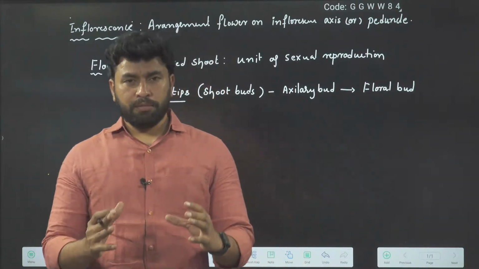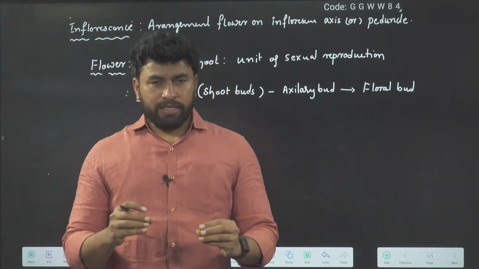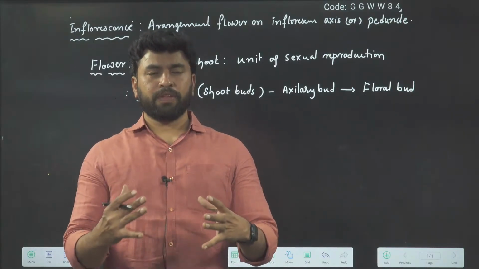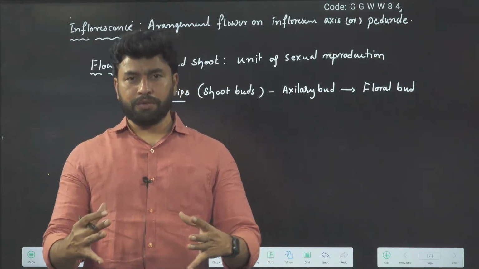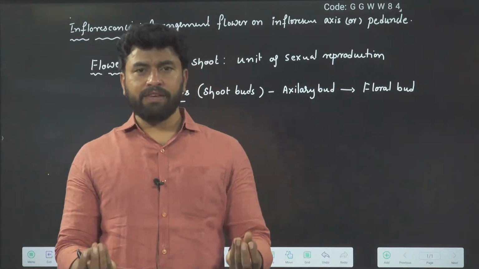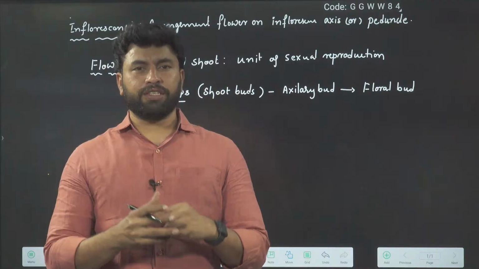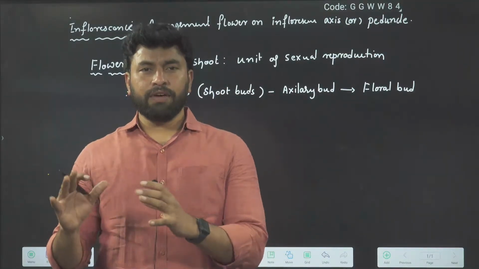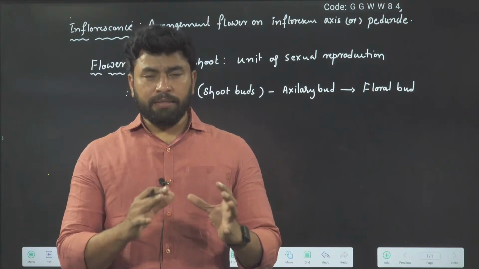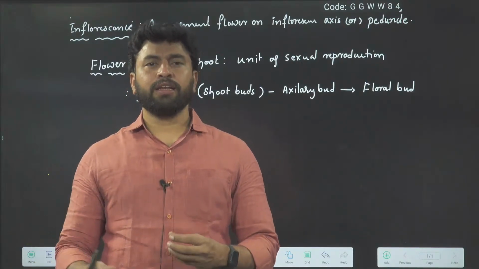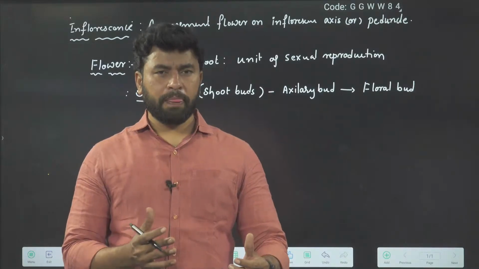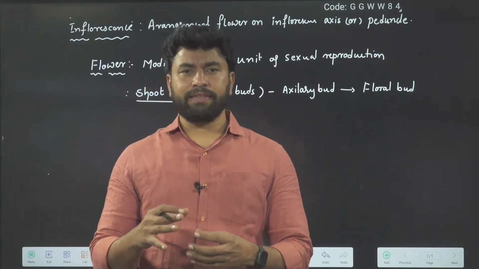Okay? Remember, if we sow a seed, first it will show vegetative growth. After a certain period of vegetative growth, the plant decides, based on external as well as internal modifications, this is the time for flowering. When a plant decides the time is there for flowering, then its buds, it may be apical bud or axillary bud.